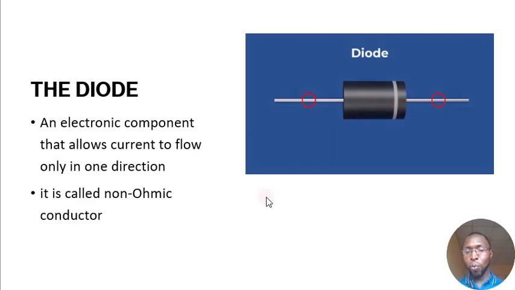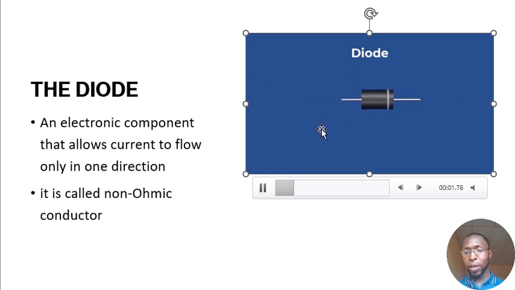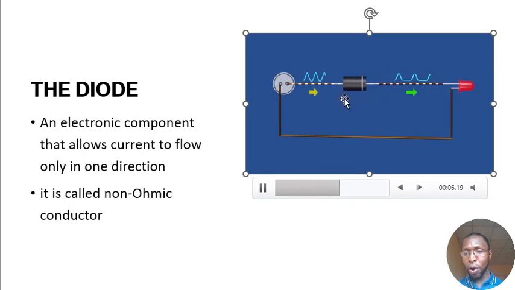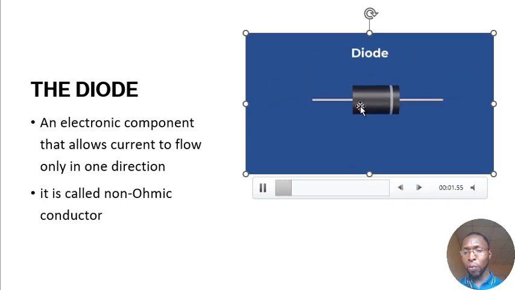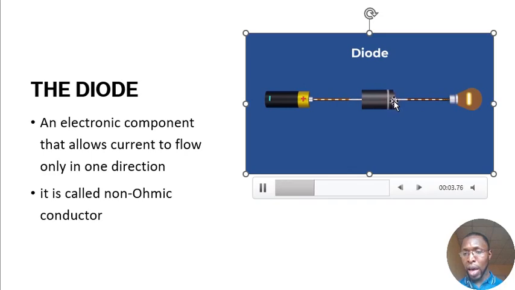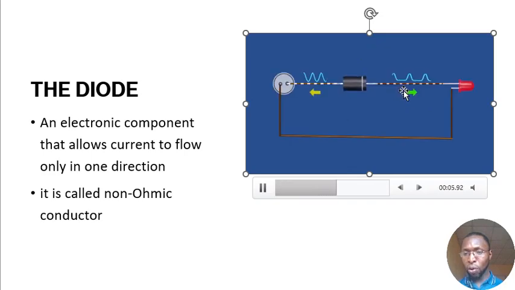Let's see how it works. When it works, it only allows current to flow in one direction. You can see that current is flowing in one direction, but when you turn it the other way around, the current will not be allowed to flow. On the other side, it will not flow.